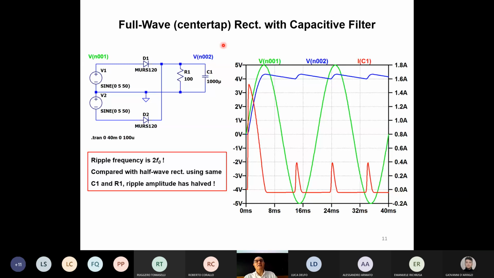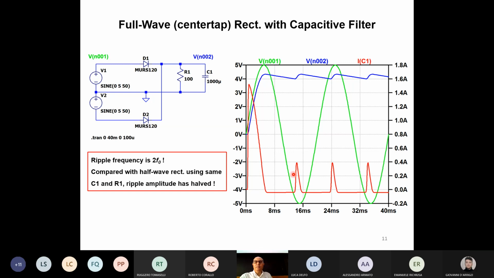This is the full wave, the center tap circuit. What happens here? Again, here I placed 2 generators, 2 diodes. Here we have a common ground, so we are lucky in this case. Once we know how the world works, I only placed here the current through the capacitor.